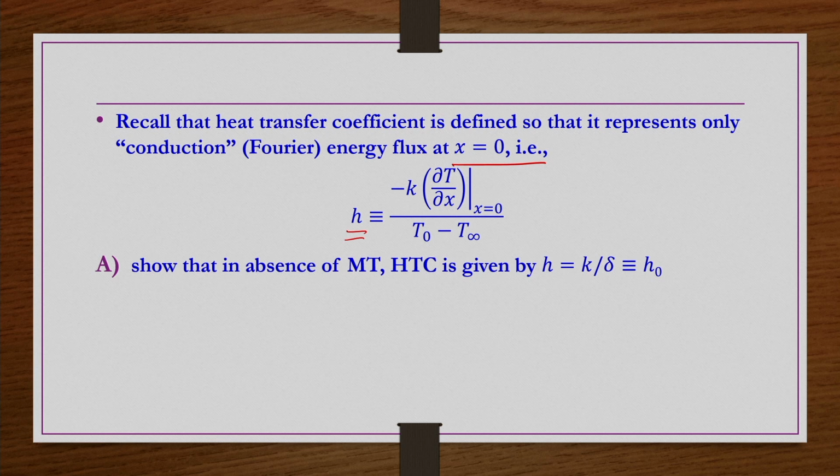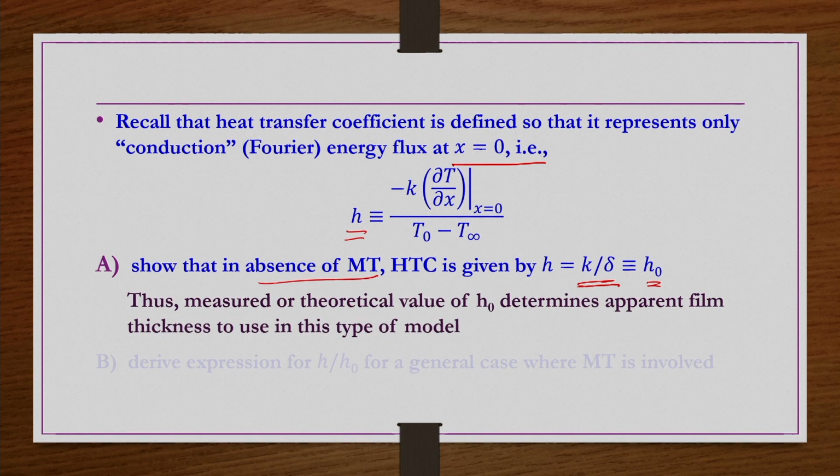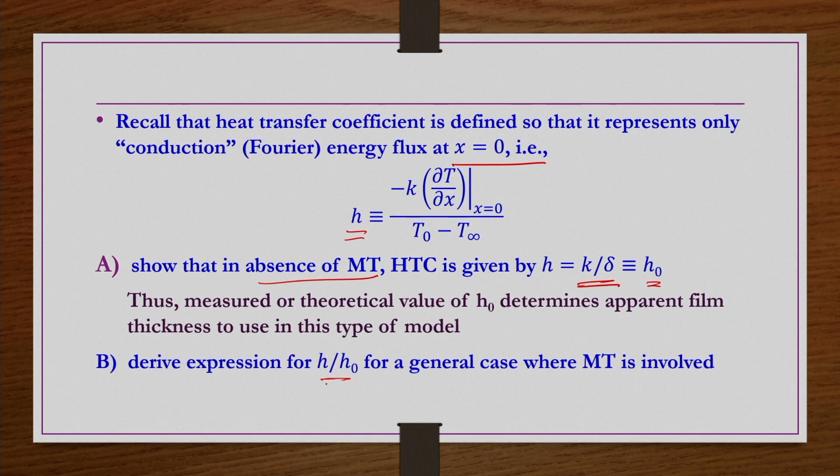Now, what you have to prove is that in the absence of mass transfer, this HTC is given by k by delta, which is a constant, because the film thickness is constant and for a given system k is constant. Let us call that constant h naught. That is the first part of this problem. The second part is to derive an expression for h by h naught for the general case when there is mass transfer as well. So, these two problems we have to take.